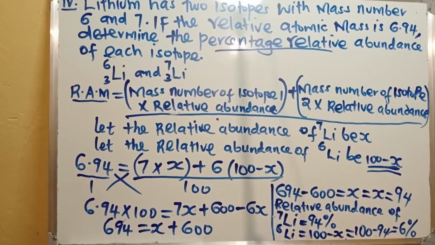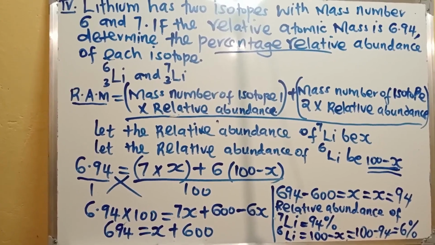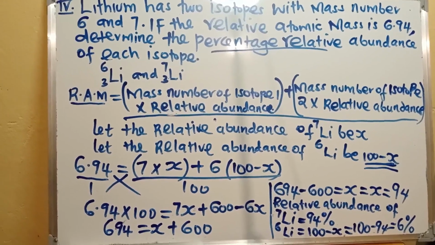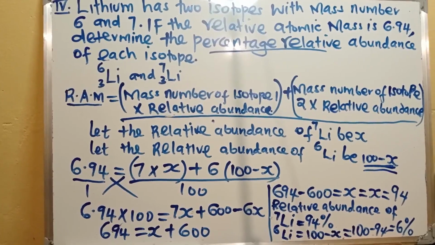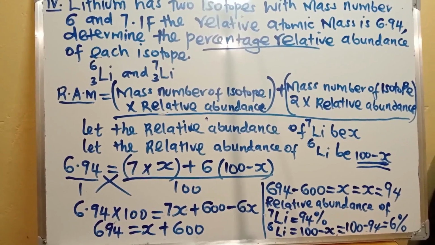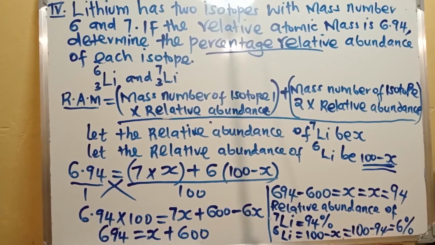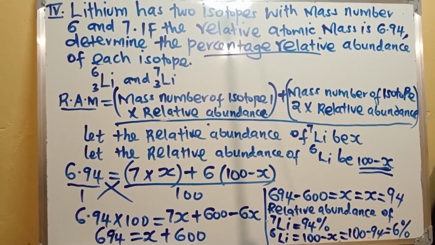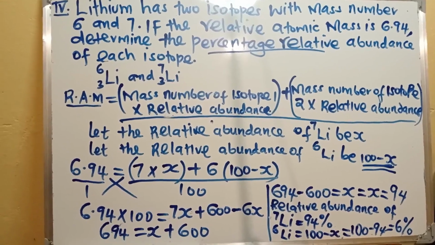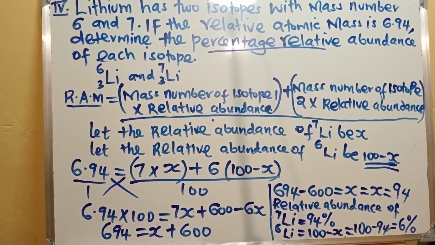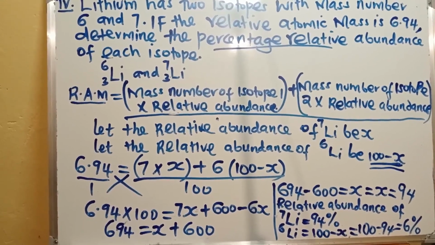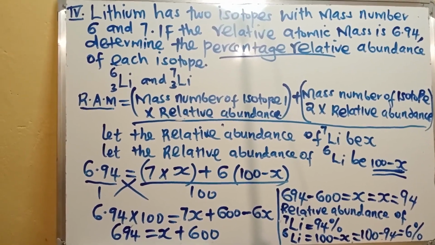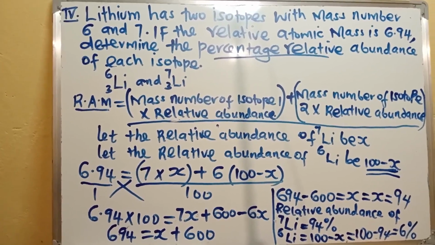So in case you get the value of X and then you leave it at that, you will not get the answer mark. Again, if you write that for lithium 7 the answer is 94 without the percentage, you will not have followed the instruction, because the question was that you determine the relative abundance in a percentage form, and it usually is in a percentage form even in the other questions wherever you get them, unless otherwise stated.